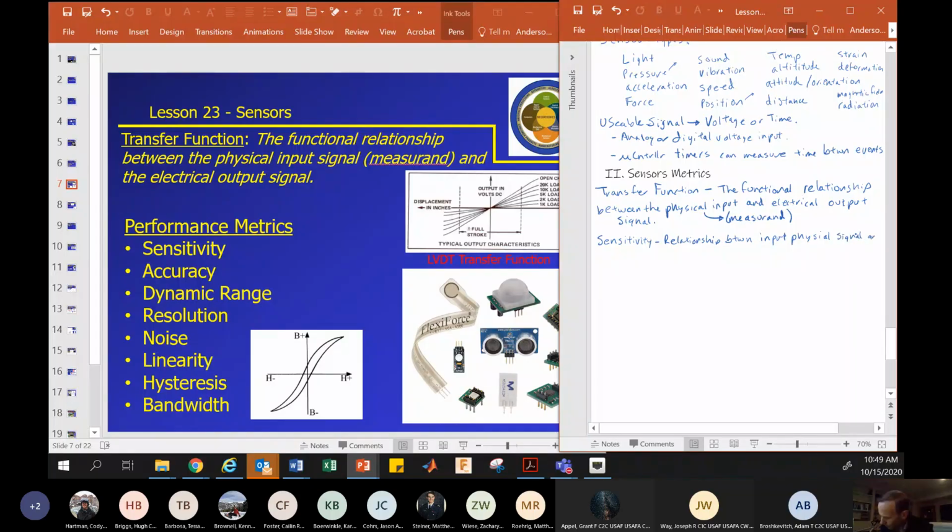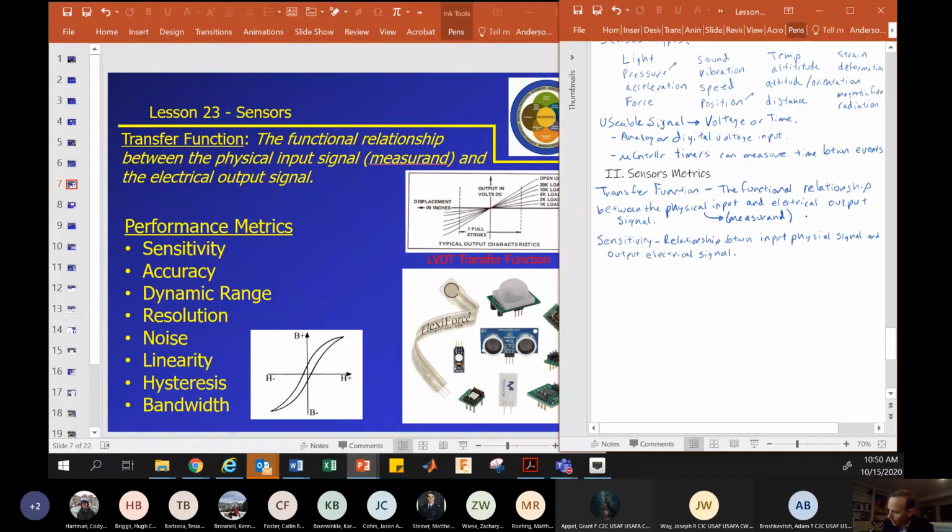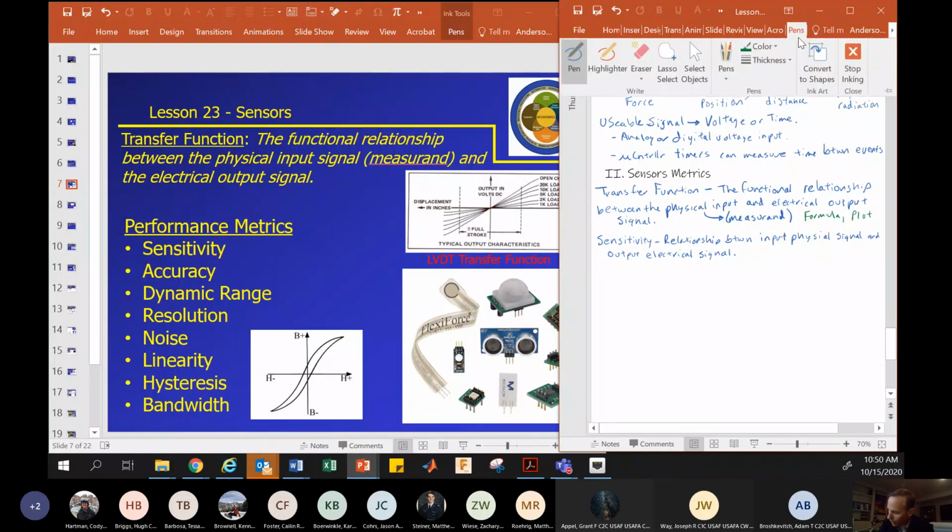And you're probably thinking to yourself, that sounds a lot like the transfer function. The transfer function might be a formula or a plot or something like that that shows the relationship over a large range of values. The sensitivity is going to be more like a single quantity.